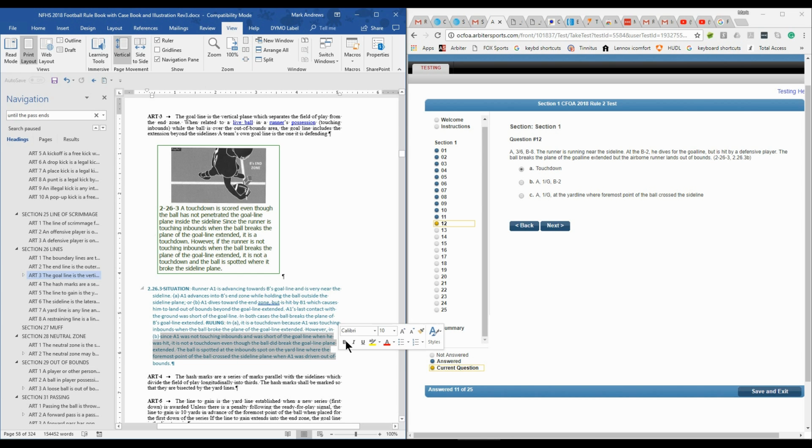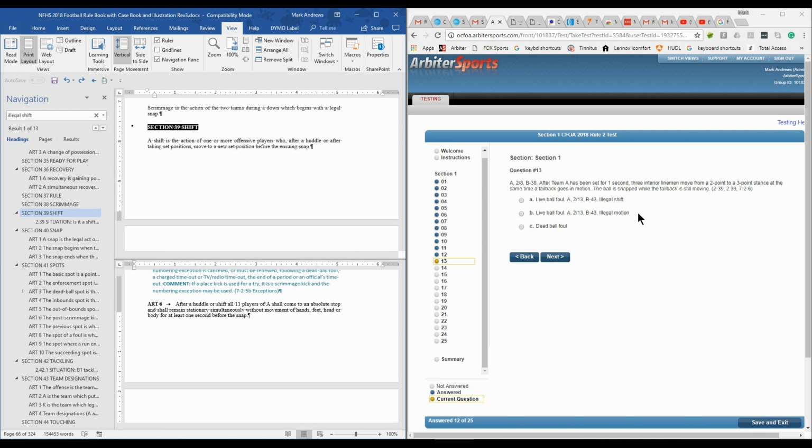What does that mean? That means, as officials, we have to decide where the front of the ball broke the sideline, and that is the spot of our next play. So for the purposes of our question, the answer is C. A, first and goal at the yard line where the foremost point of the ball crossed the sideline.